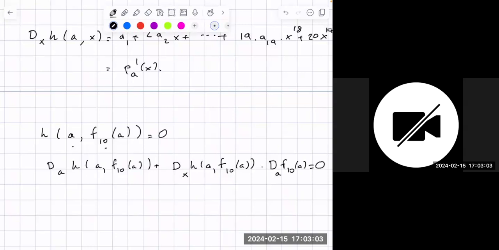And the Jacobian is literally this guy. I'm taking the derivative of this solution map with respect to A, and I need to know how big this is. So this stuff here depends on A, and this is also depending on A. So everything depends on A.